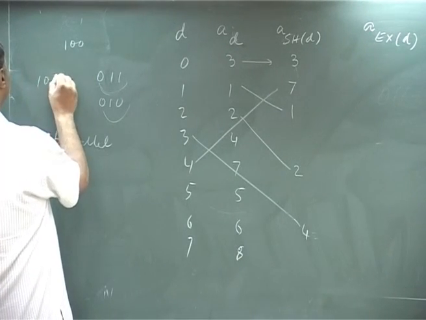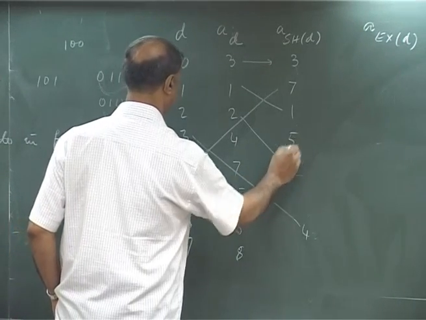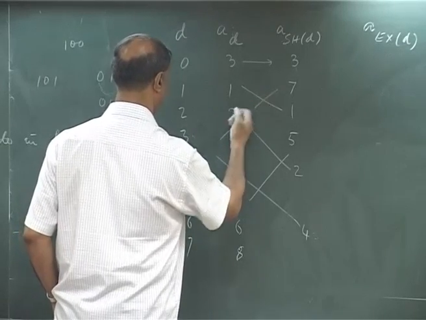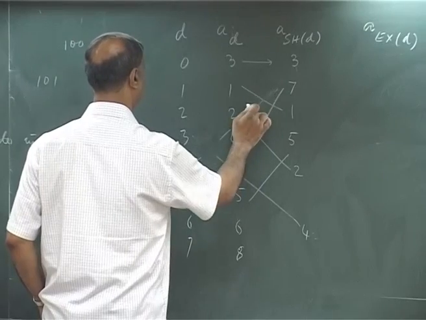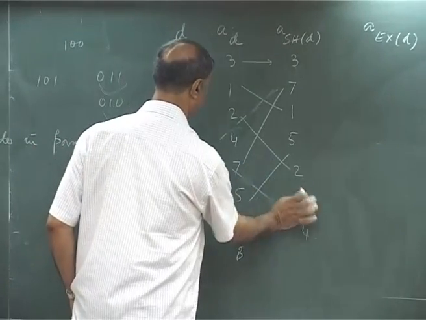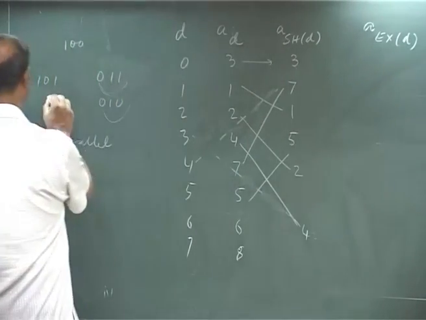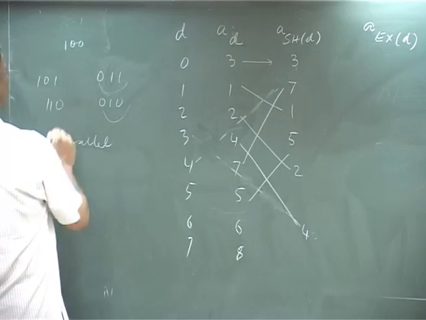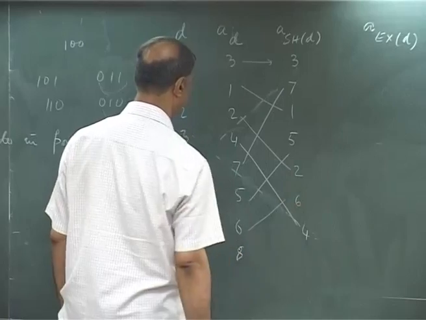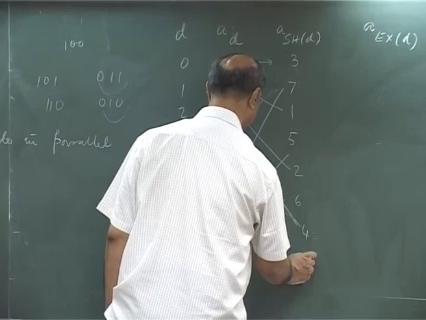Shuffle of 5 moves to 3, shuffle of 6 moves to 5, and shuffle of 7 is 7.